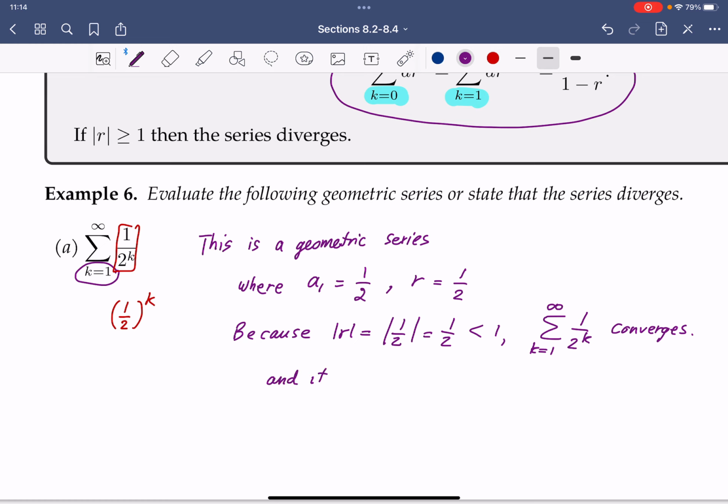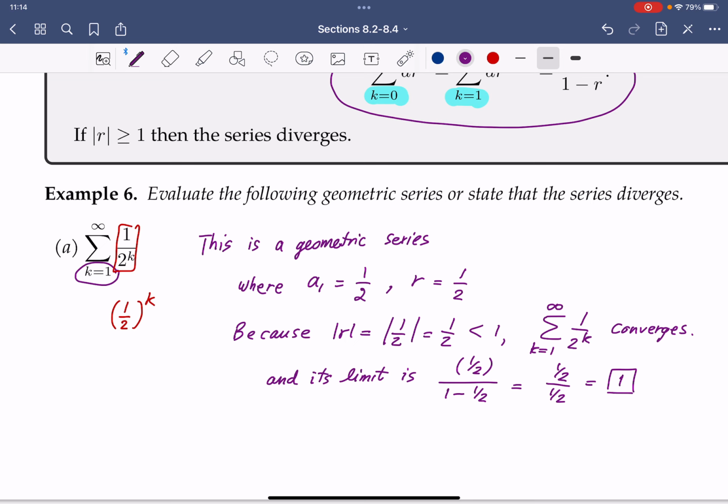And its limit is a1, which is 1/2, over 1 minus the common ratio 1/2 here. So it's actually 1/2 over 1/2, which is 1. So far so good?